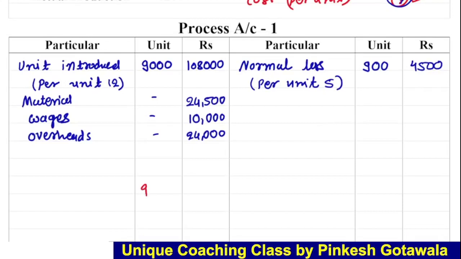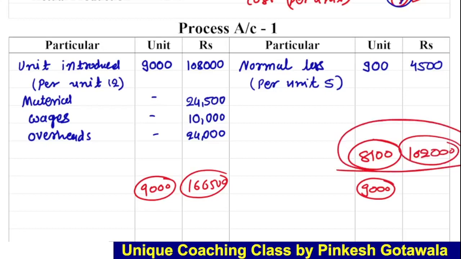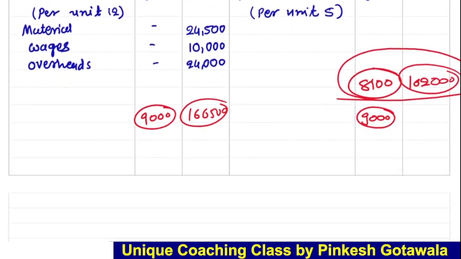Unit side here 9,000. Do this calculation on calculator. Okay, so you will get here difference 8,800, and in rupees 1,08,000, 24,500, 10,000, 24, 1,66,500 minus 4,500. So difference is 1,62,000. Just find out this difference on calculator and find out its per unit cost.